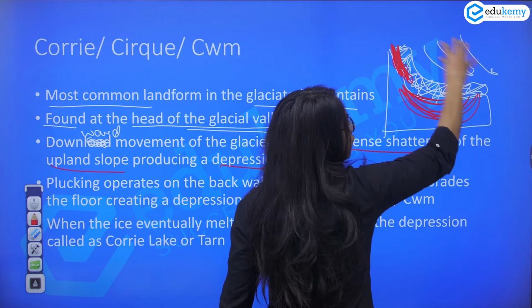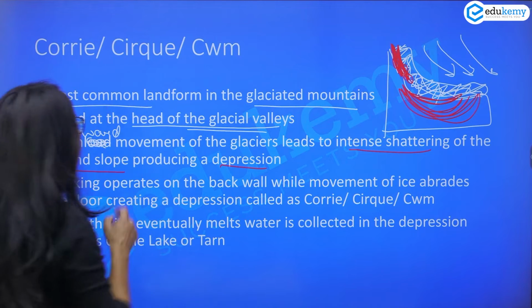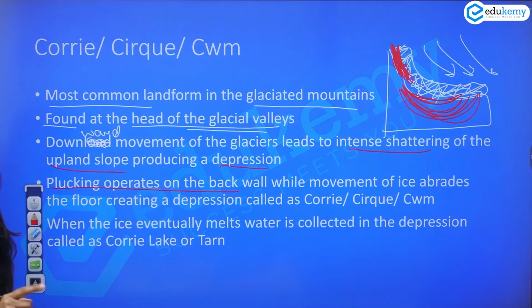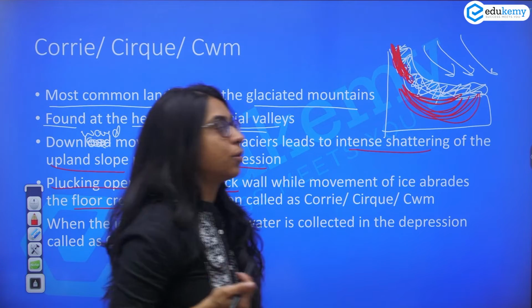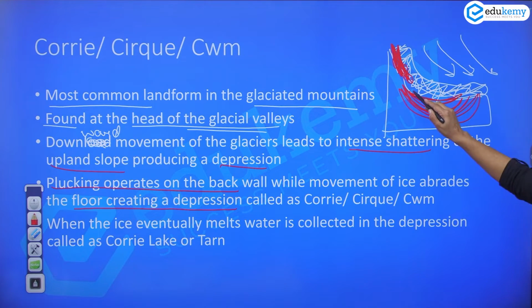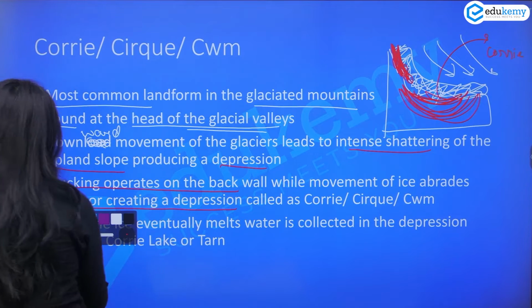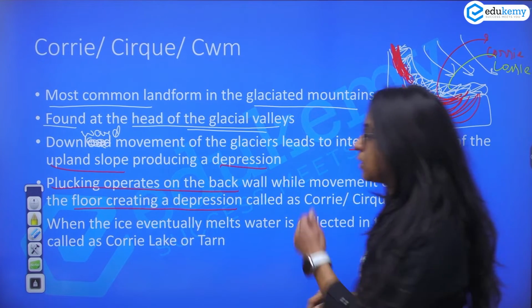Plucking is operating on the back wall, while the movement of the ice abrades the floor, so leading to a depression. This depression is called as cori.